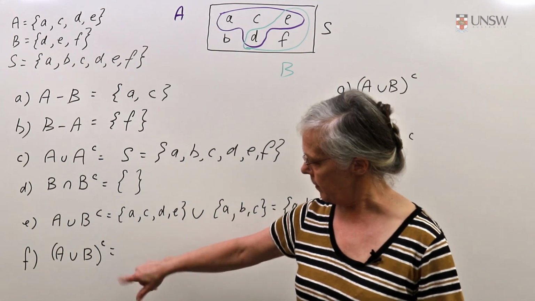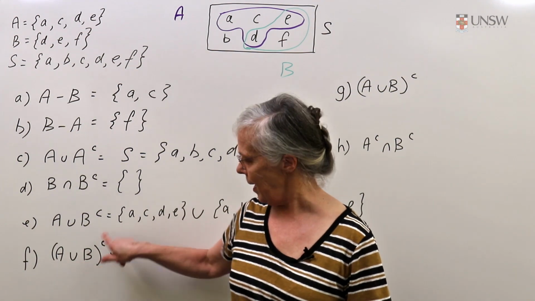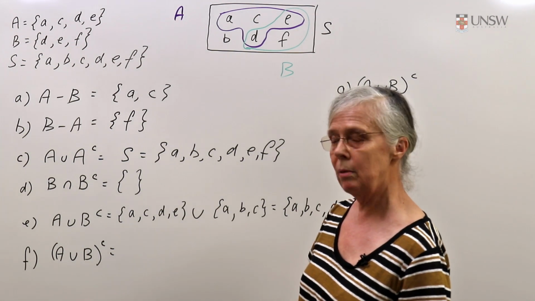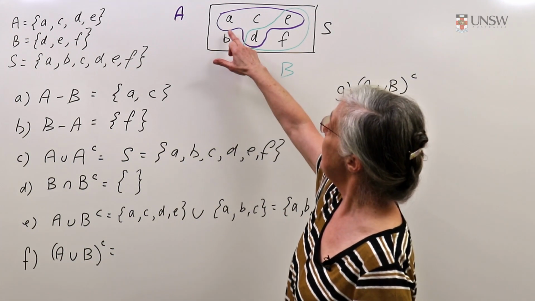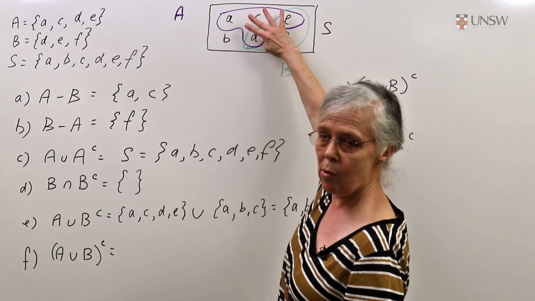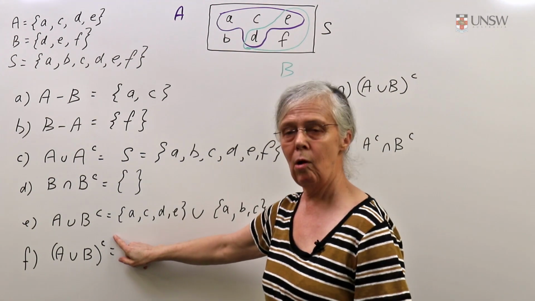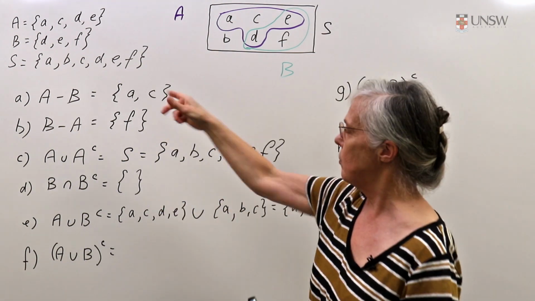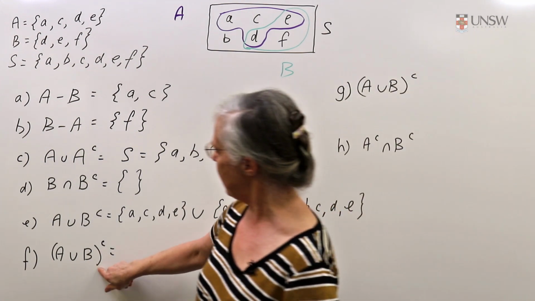How about this one? This time we have A union B and then we take the complement. So we need to do the union first and then take the complement. We could do it up here. A union B is everything in one or both, everything that's in green or purple. Then when we take the complement, we get everything outside that, just B. Or we could write it down algebraically. What's A union B going to be?